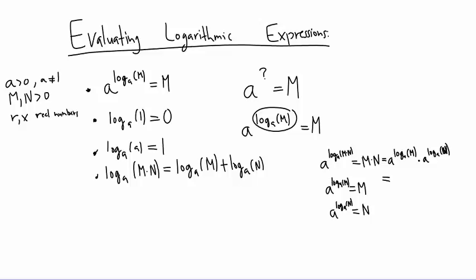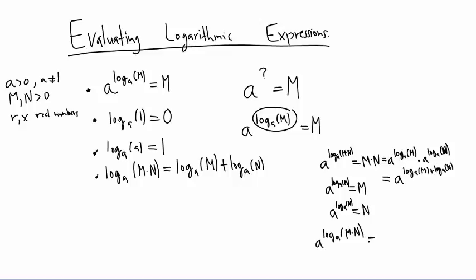So a product of exponentials with the same base is that base to the sum of the exponents, as we saw. So what we have here is two equal powers of a.